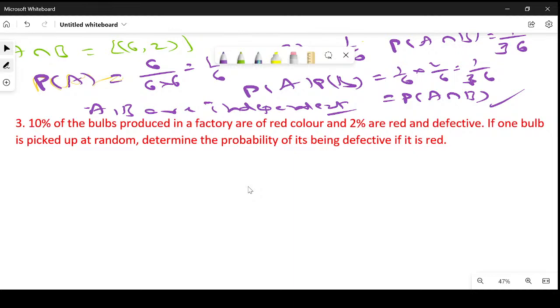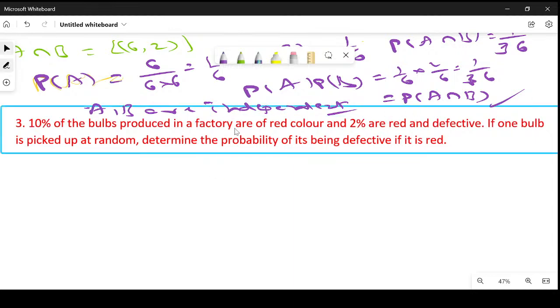If one bulb is picked up at random, determine the probability of its being defective if it is red.